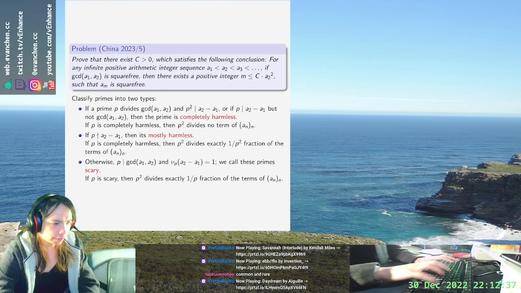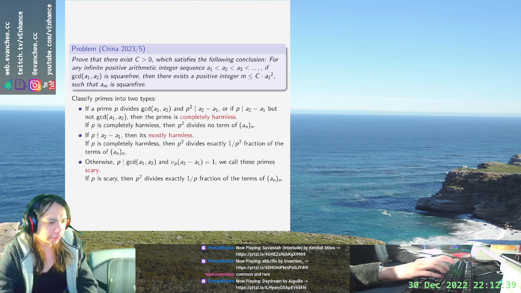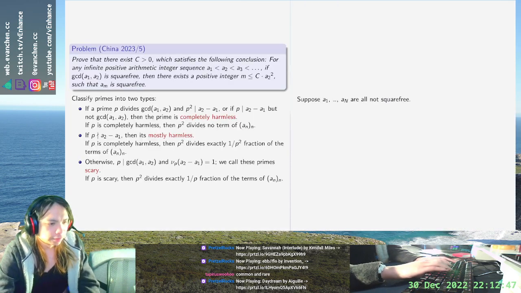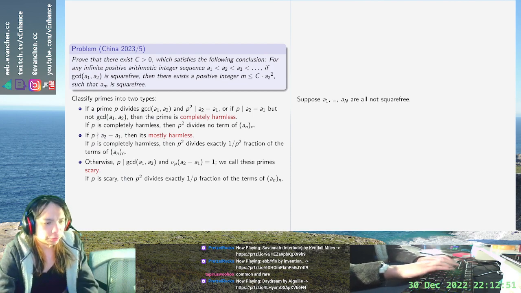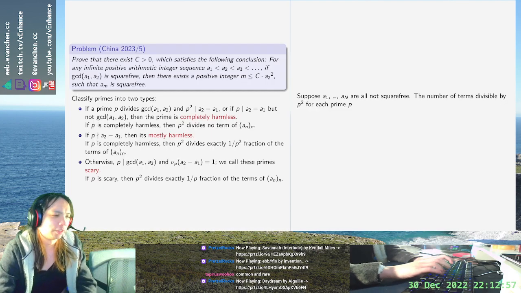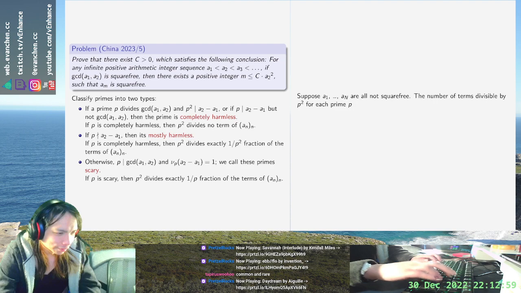Okay, so suppose A1 through some large term are all not square free. The number of terms killed, divisible by p squared for each prime p. We're just going to sum, alright? I think this will be okay.